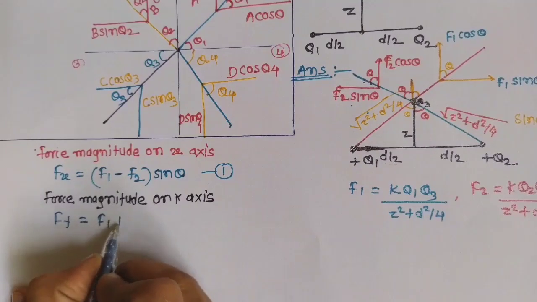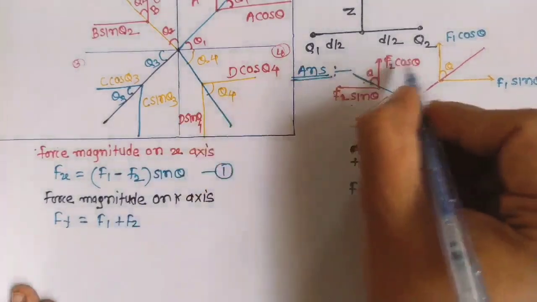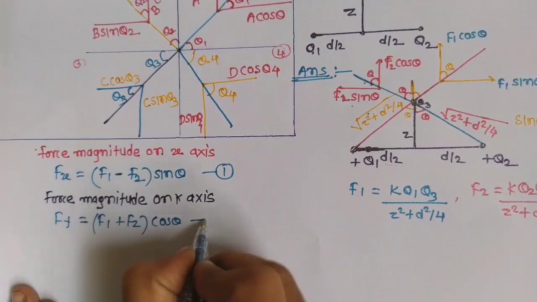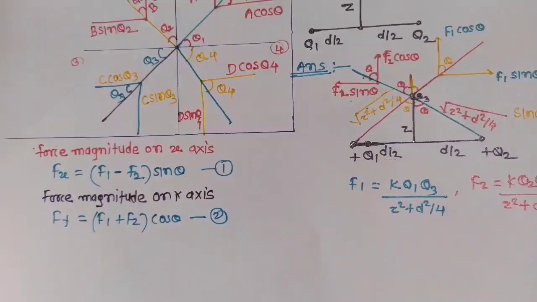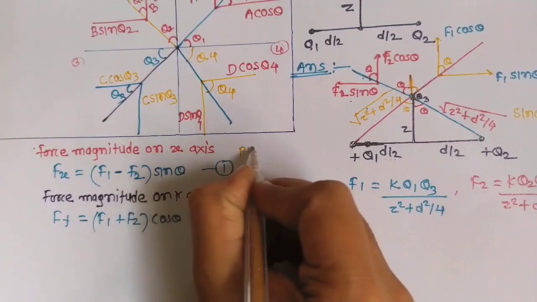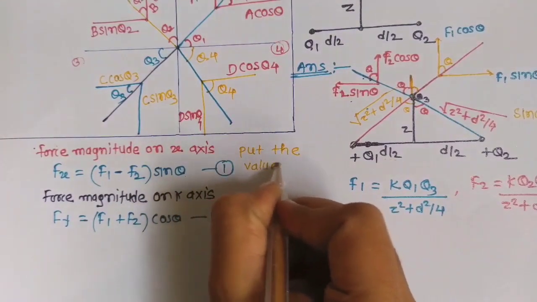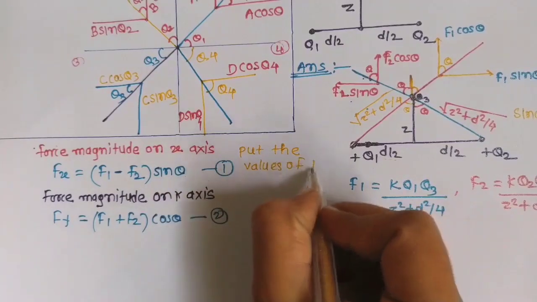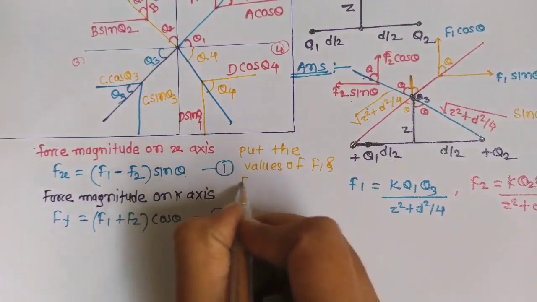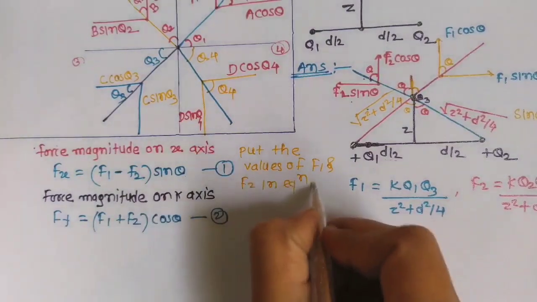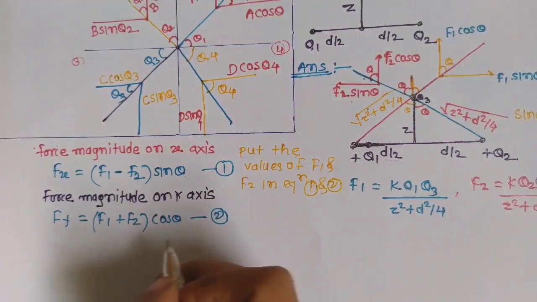F1 cos theta plus f2 cos theta, that is (f1 plus f2) common cos theta. This is equation number 2. Now put the values of f1 and f2 in equations first and second.